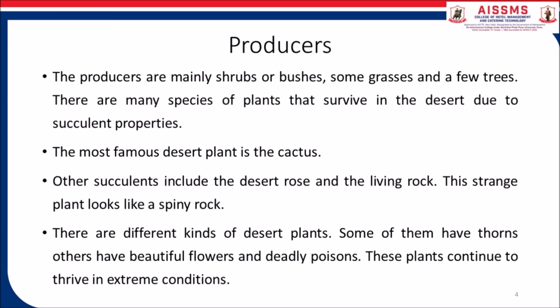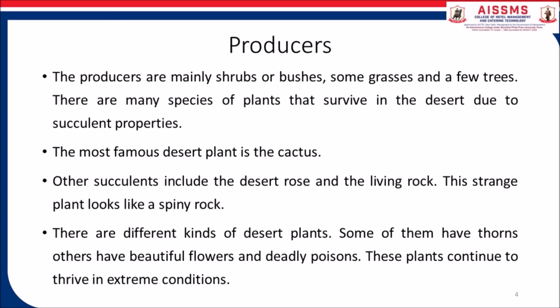The most famous desert plant is the cactus. There are many species of cacti. Other succulents include the desert rose and the living rock. The strange plant looks like a spiny rock. Its disguise protects it from predators.